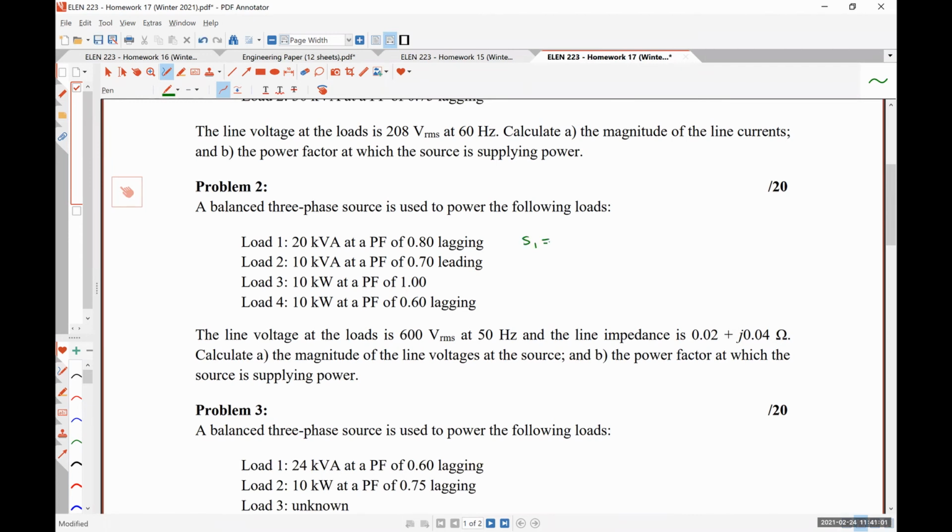Somebody tell me what the complex power absorbed by load one is. You're given apparent power and a power factor.